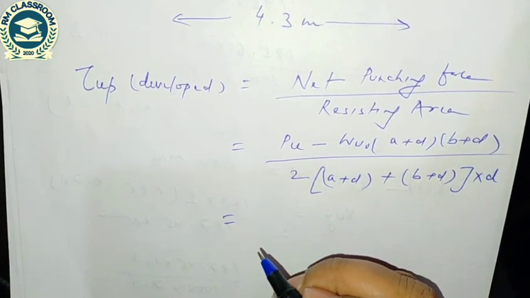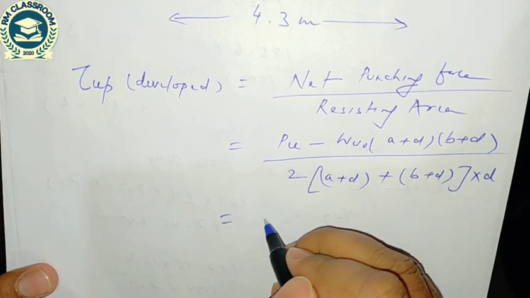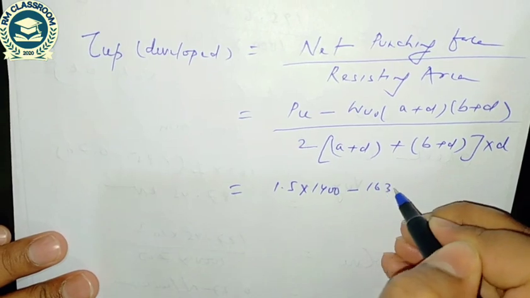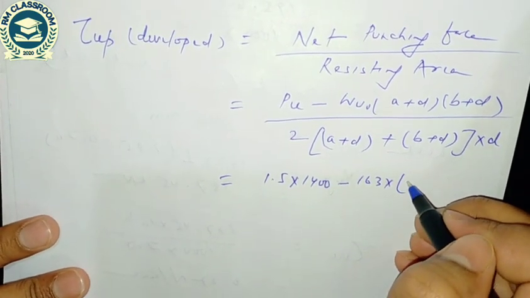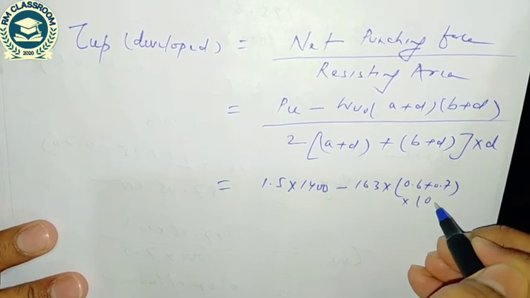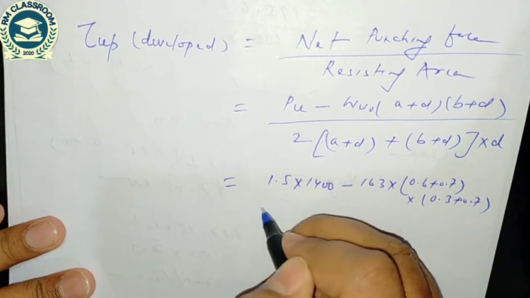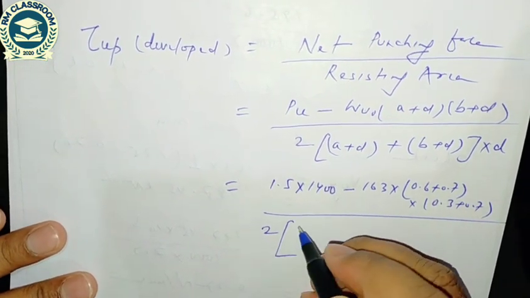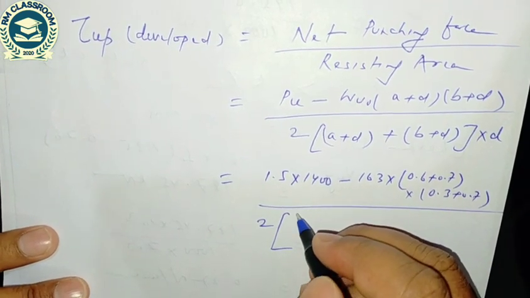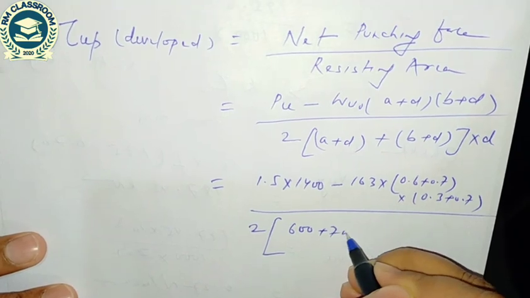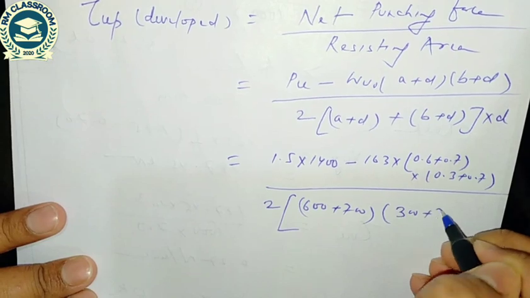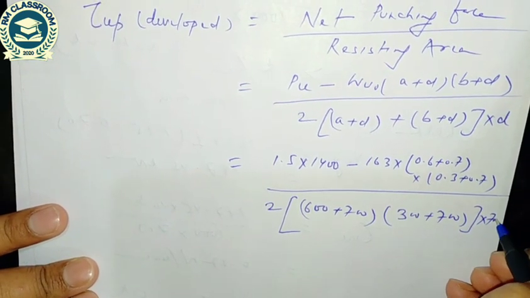So punching shear stress can be computed as 1.5 into 1400 minus 163 into (A plus D), where A is 600, so 0.6 plus 0.7 into 0.3 plus 0.7, divided by 2 times (600 plus 700) into (300 plus 700) into 700.